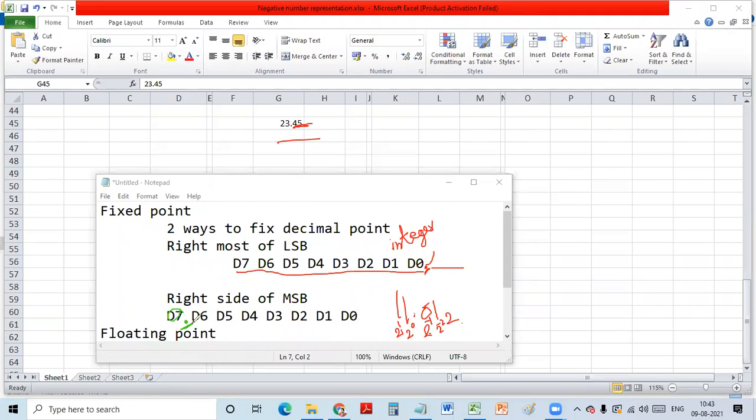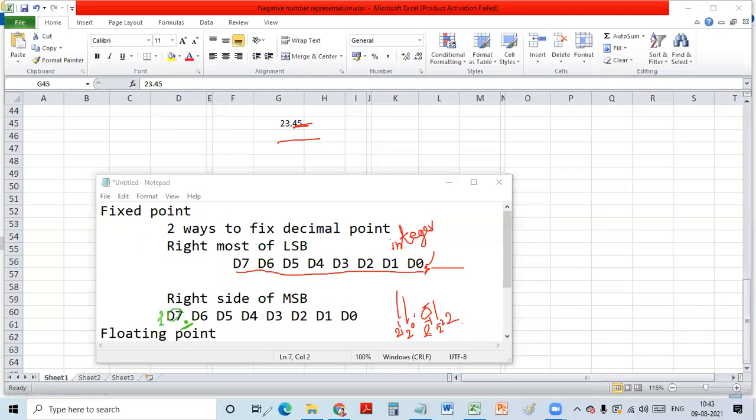In this case, you will get completely fractional values only, from 2 power minus 1 to 2 power minus 7, that is minus 1, minus 2, minus 3, 4, 5, 6 and 7. And this position is 2 power 0, which anyway represents the sign.